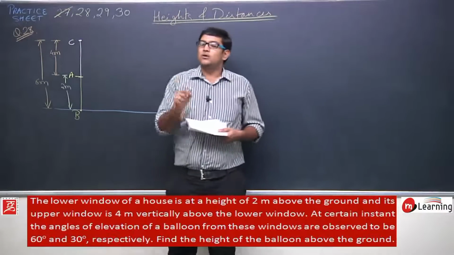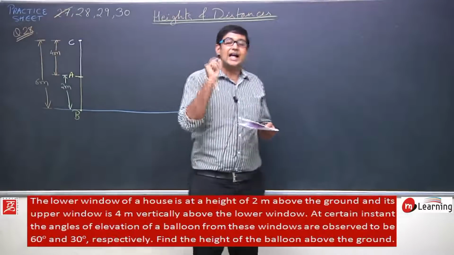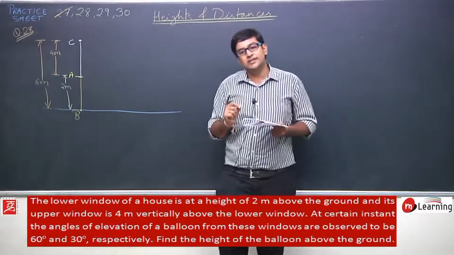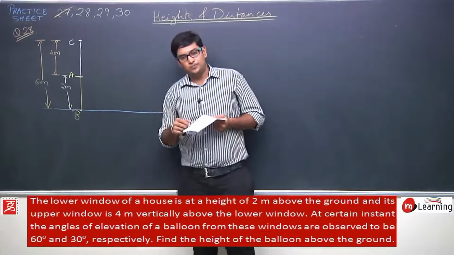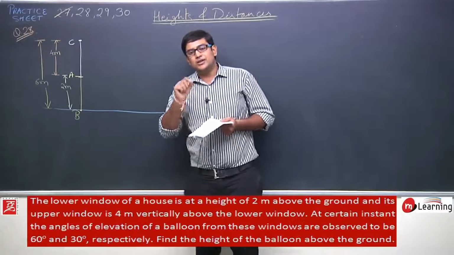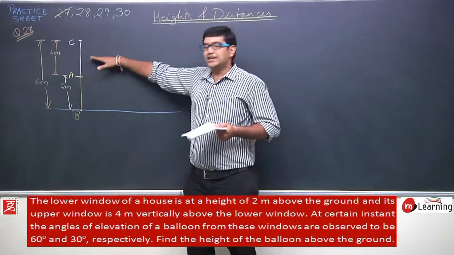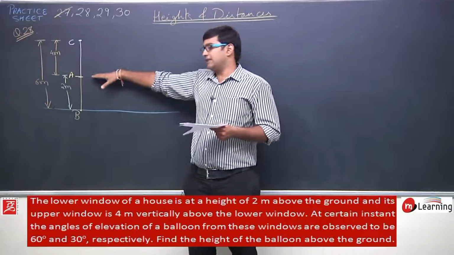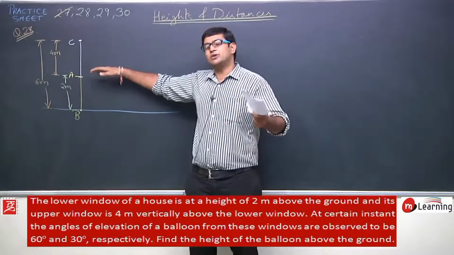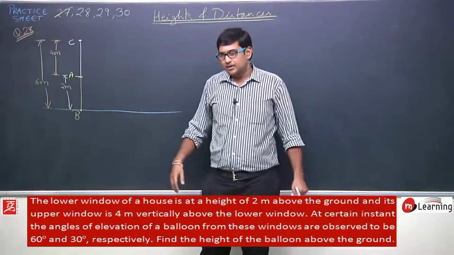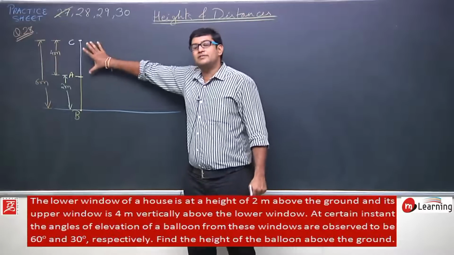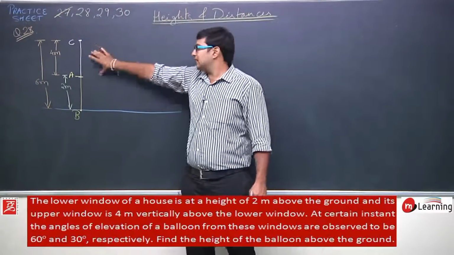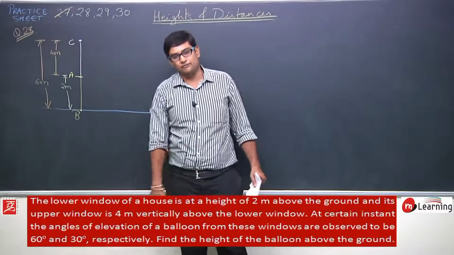Now mind it, it says angles of elevation. It means if I am observing the balloon from this A window, then the balloon is above the level of this A window. But where exactly is it situated? It may be located in between A and C, or it may be located above C. So there are two positions that the balloon can have.